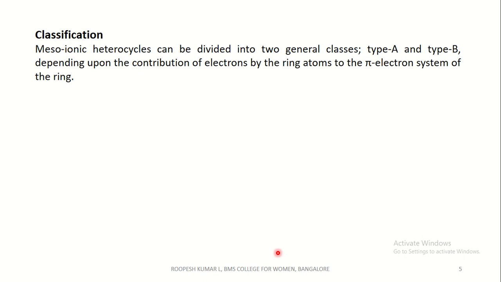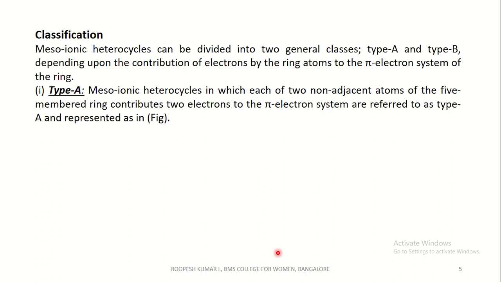Coming to classification, mesoionic heterocycles can be divided into two general classes, type A and type B, depending upon the contribution of electrons by the ring atoms to the pi electron system of the ring.